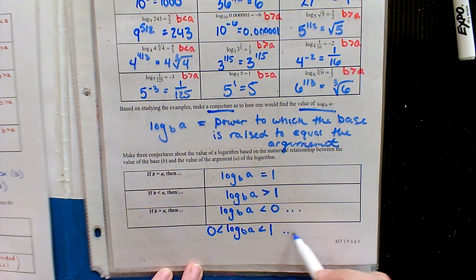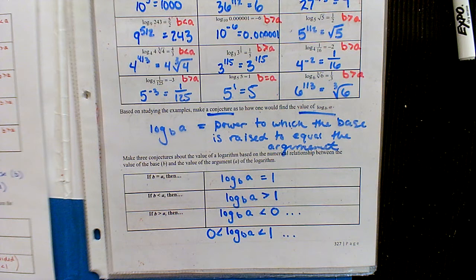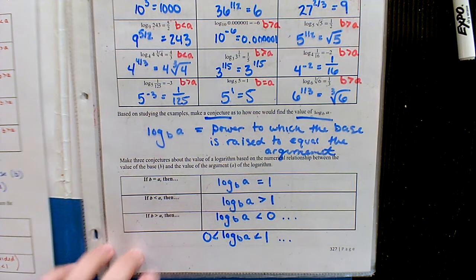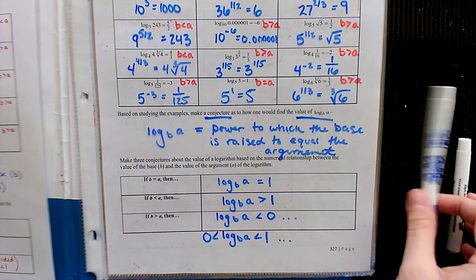Can you describe kind of the condition or the stipulation? Like, when do we get a negative value? When do we get a value between 0 and 1? Do you see it?